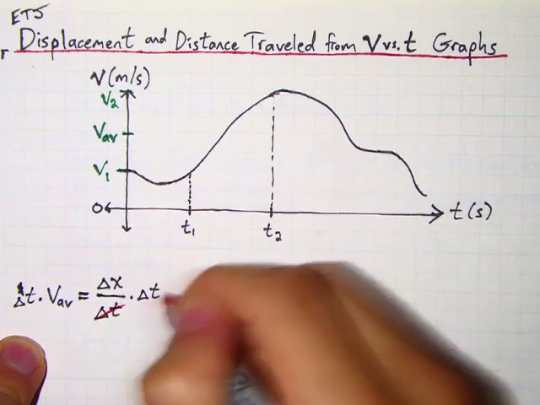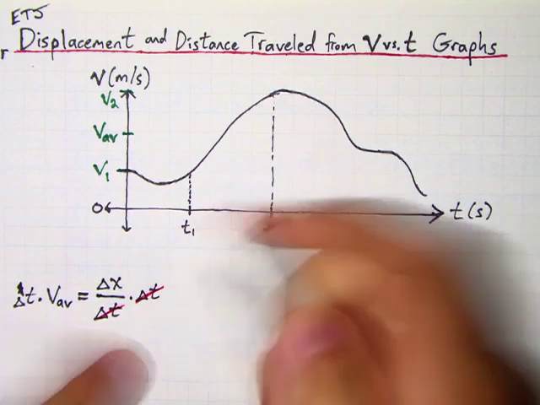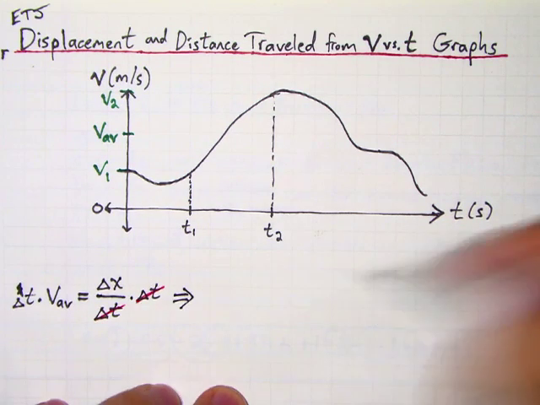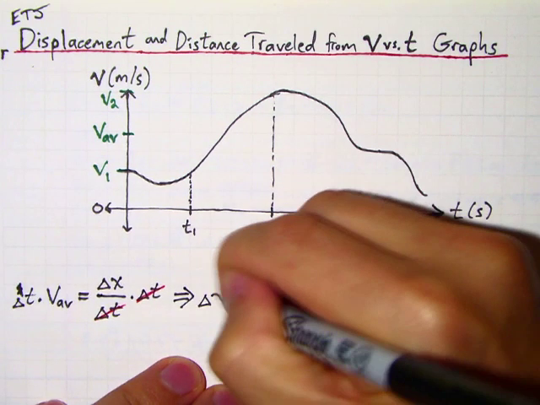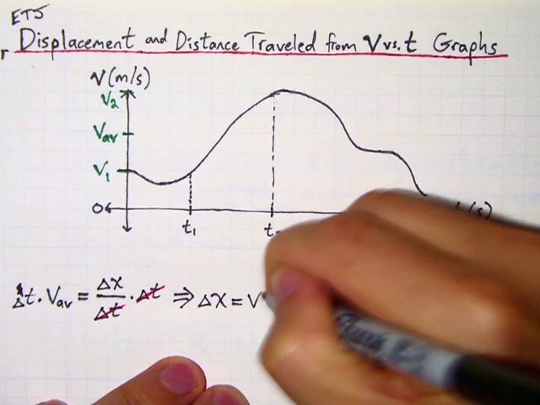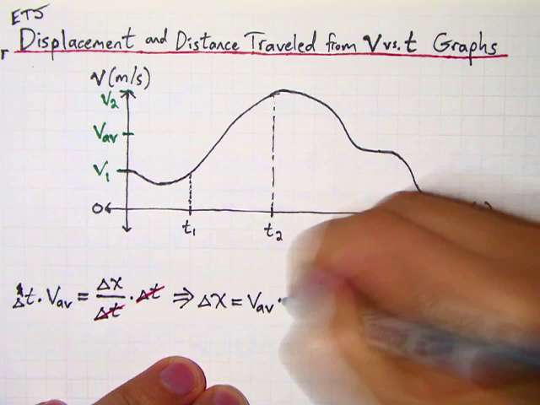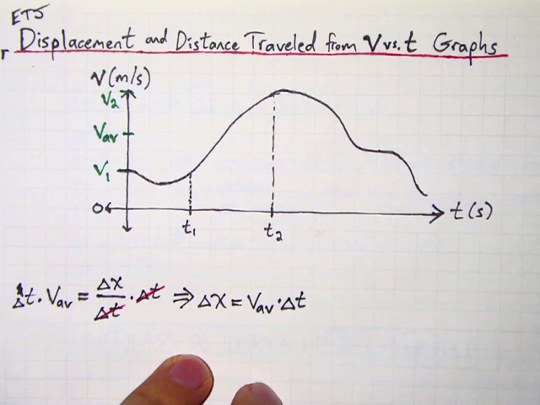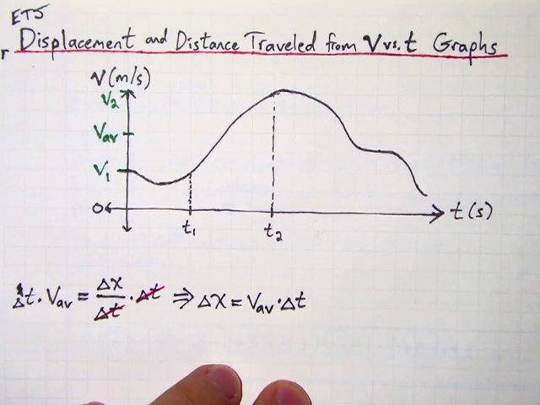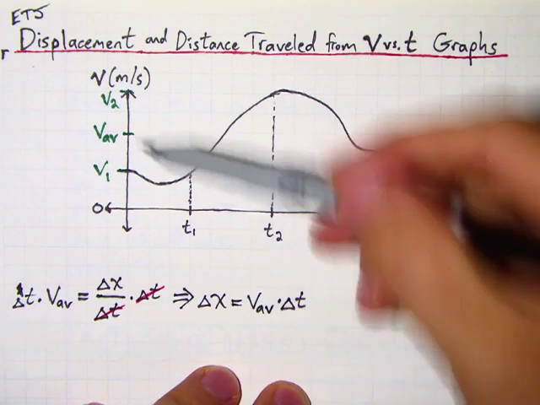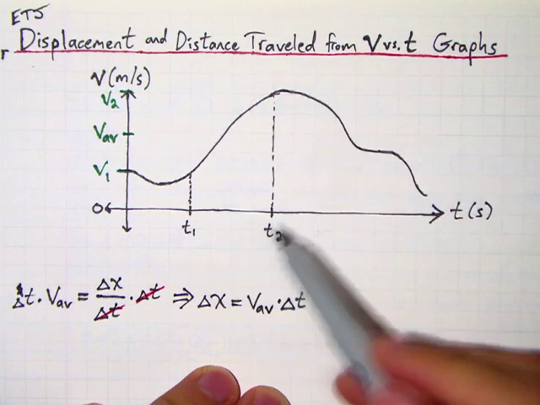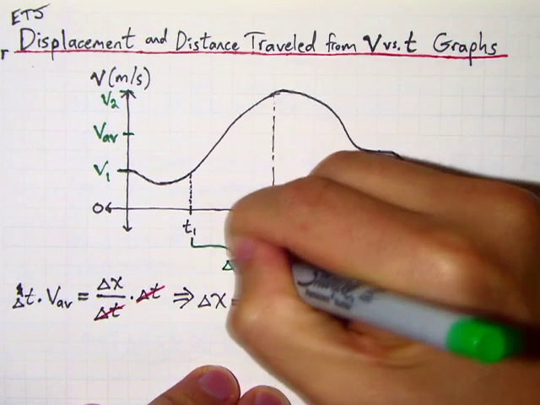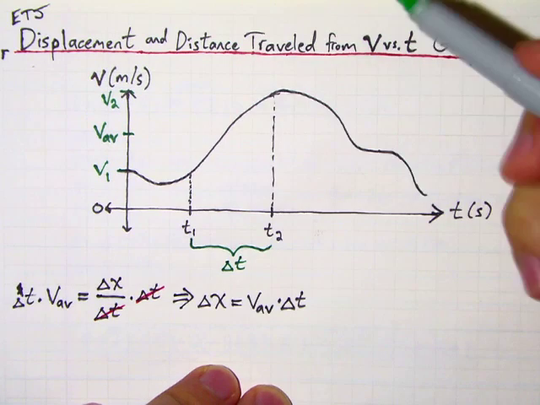Delta t cancels delta t over here, and that lets us rewrite this relationship as delta x equals the average velocity times the time interval. So if we knew this average velocity, we could just multiply by the change in time here, and that would tell us the displacement.